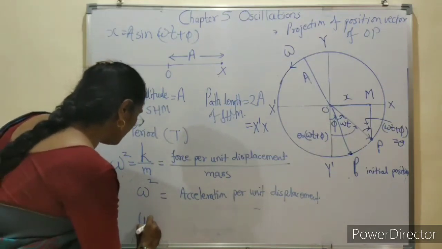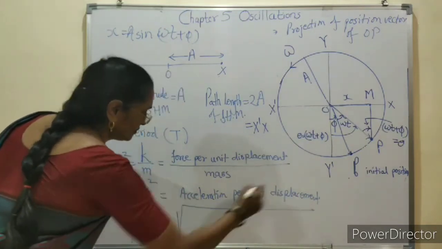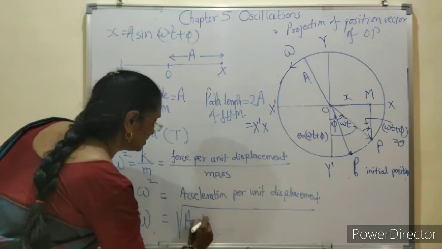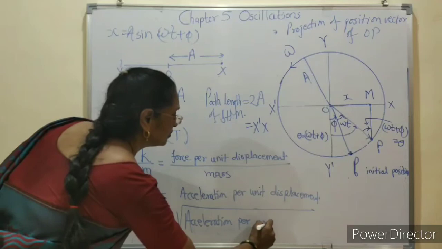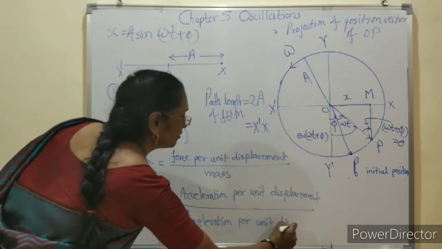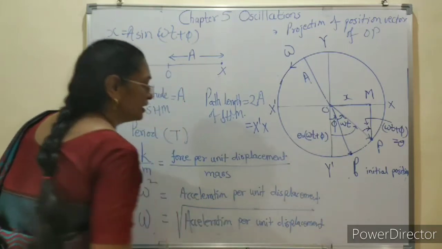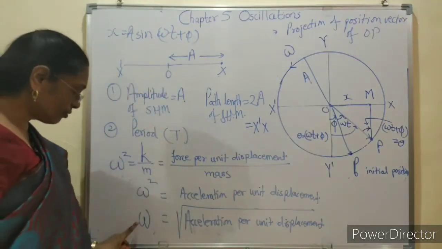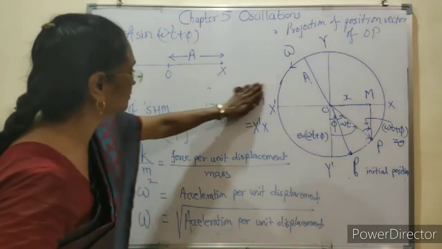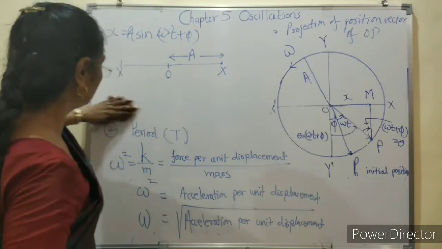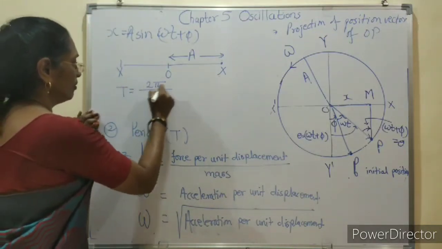So omega can be equal to under root this description, this acceleration per unit displacement. Displacement means displacement from mean position. So once we have the relation for omega, we can write relation for T. How can we write it? T is equal to twice pi upon omega.